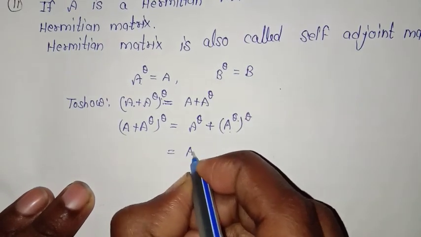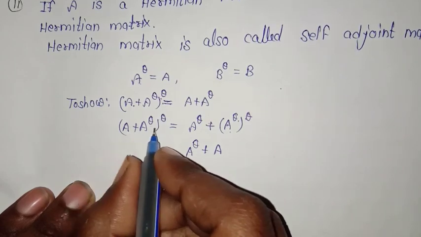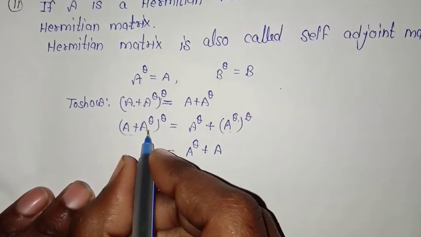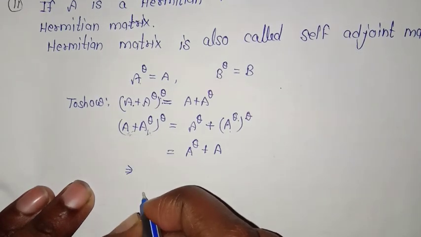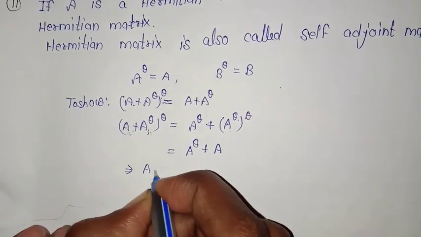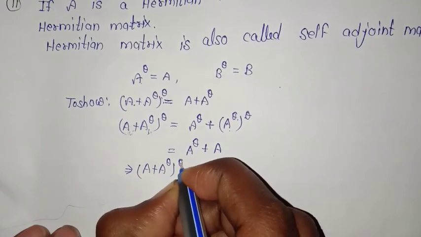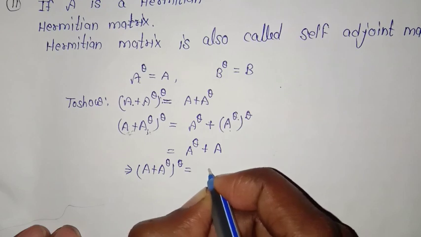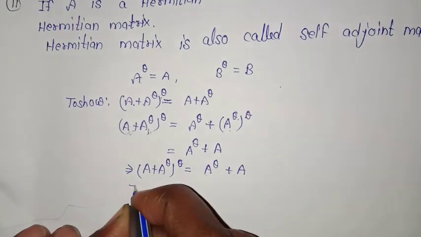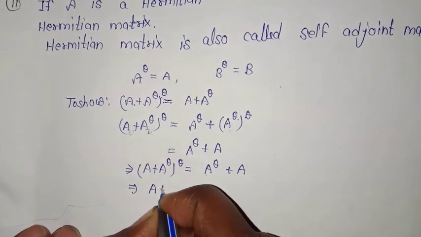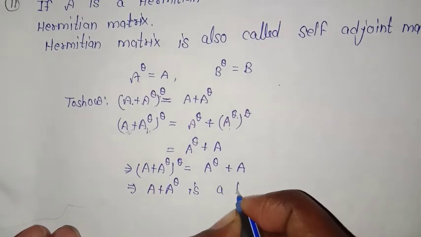So if we take the conjugate transpose of this term, we get again this term. So this implies what? By the definition of Hermitian matrix, (A plus conjugate transpose of A) whole conjugate transpose is equal to conjugate transpose of A plus A, and this implies that A plus conjugate transpose of A is a Hermitian matrix.